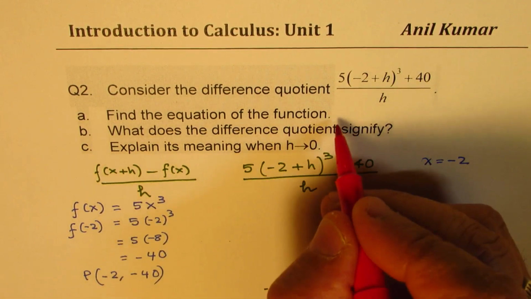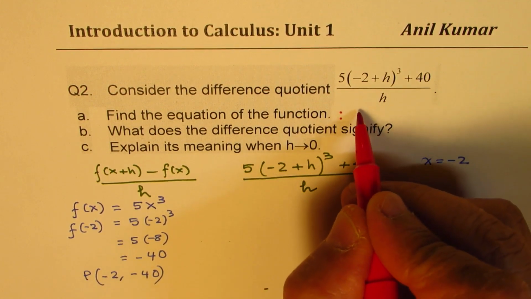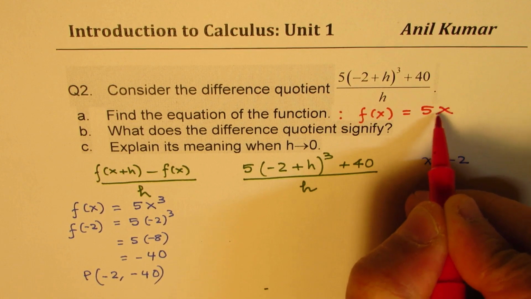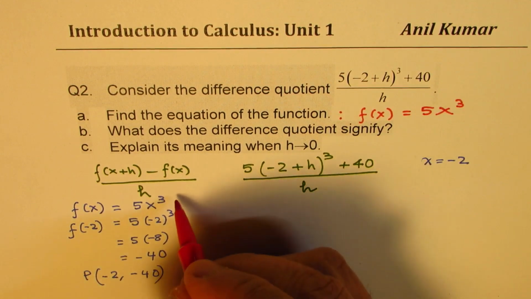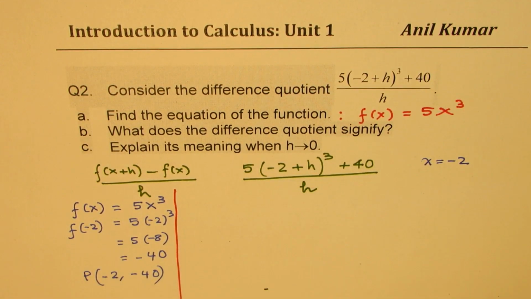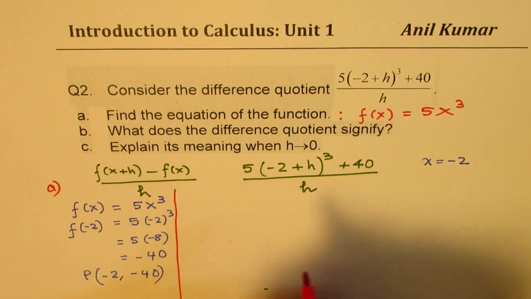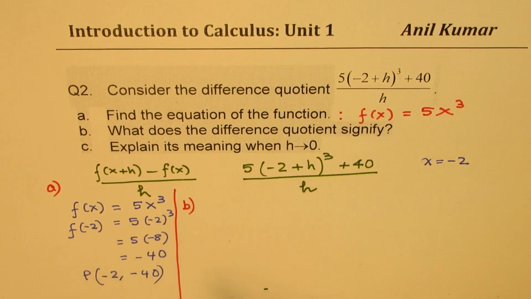Find the equation of the function. So the equation of the function here is f of x equals 5x cubed. Correct? And that is the justification which we have given. Part B. What does the difference quotient signify? So this was part of part A. Now let's talk about part B. What does the difference quotient signify?